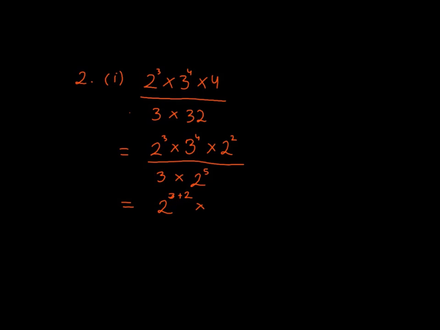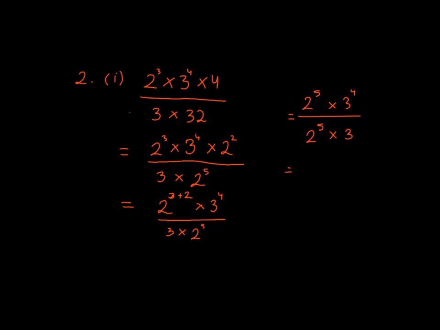We have used the very first law of exponent: when the same bases with different powers are multiplied, the powers get added. So this becomes 2 raised to power 5 into 3 raised to power 4 over 2 raised to power 5 into 3.